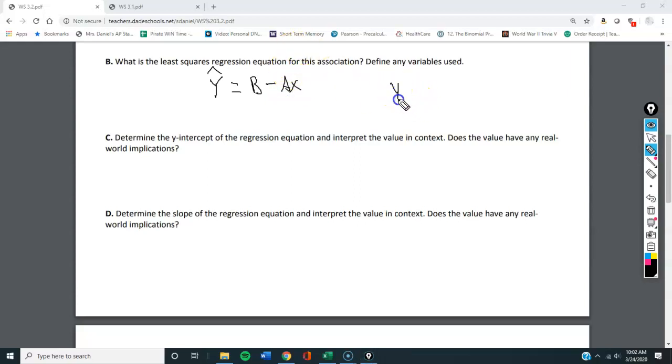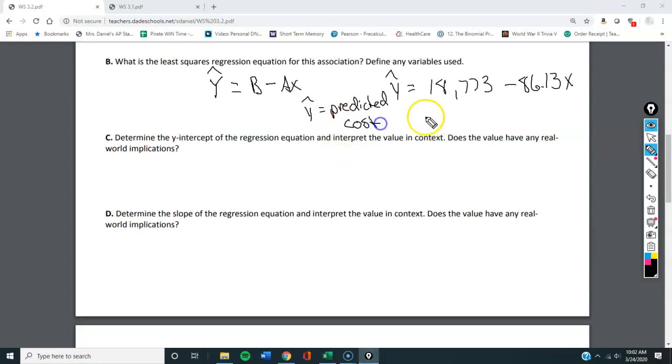But for this one we get y hat equals 18773 minus 86.13x, where y hat is predicted, remember it's not for sure, predicted cost or price, and x is miles driven, right?